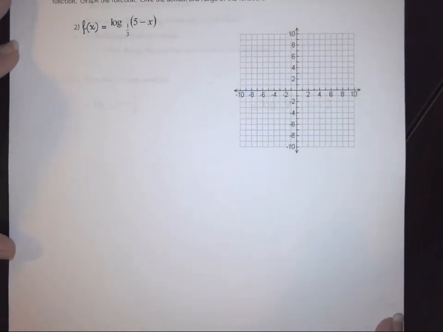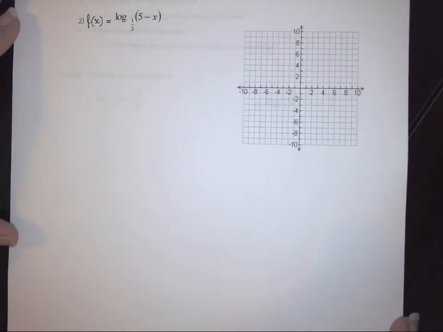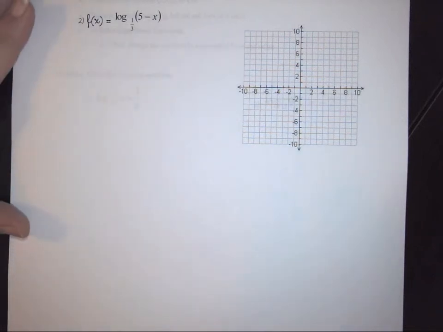Alright, so let's look at another one. Okay. So we have my function equals the log of base 1/3 of 5 minus x. So again, you want to start by rewriting this into its exponential form.